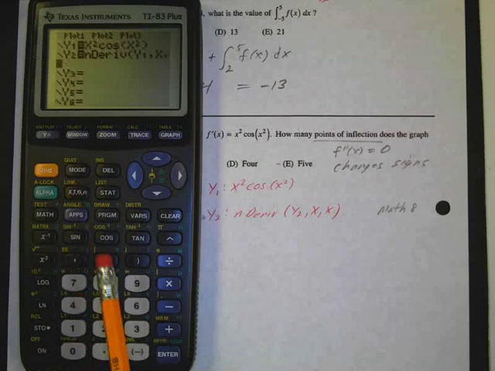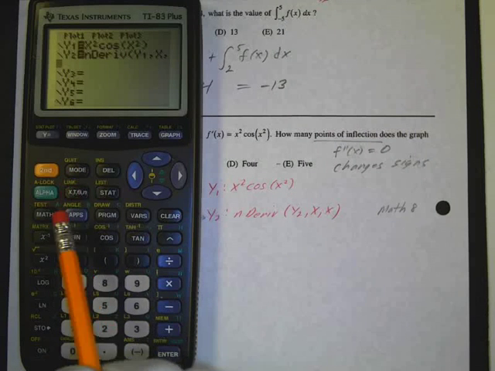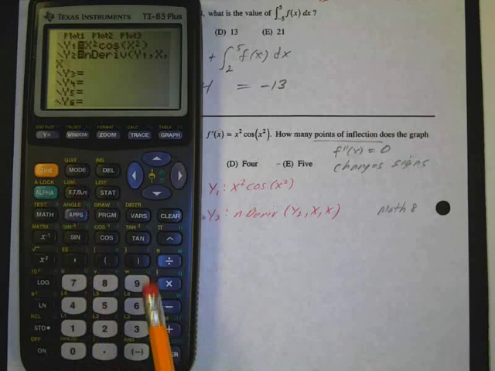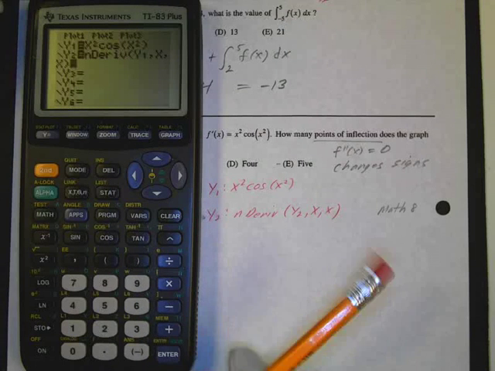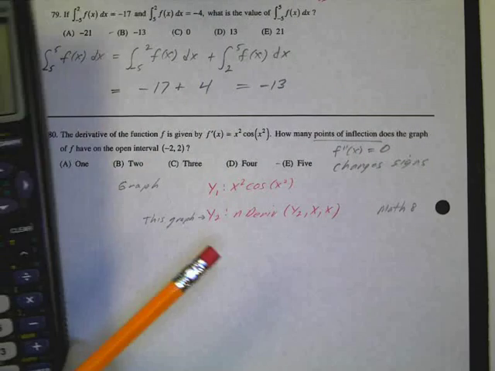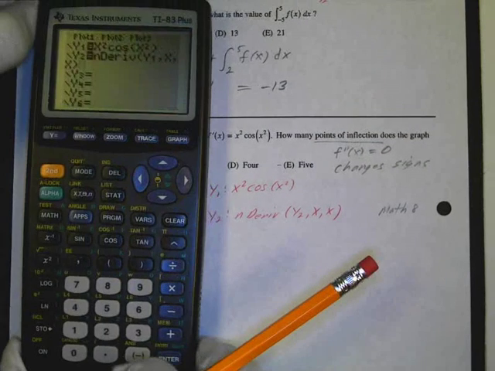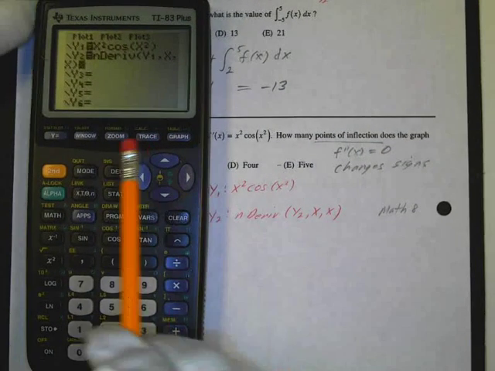And what you can do is take the derivative of that, comma x. Since we're just going to use it as a graph, we're not going to take a particular value. We usually put a particular value that we want to evaluate the derivative at, but here we're just going to put x. And then we can graph that, and this is going to be on the interval -2 to 2.